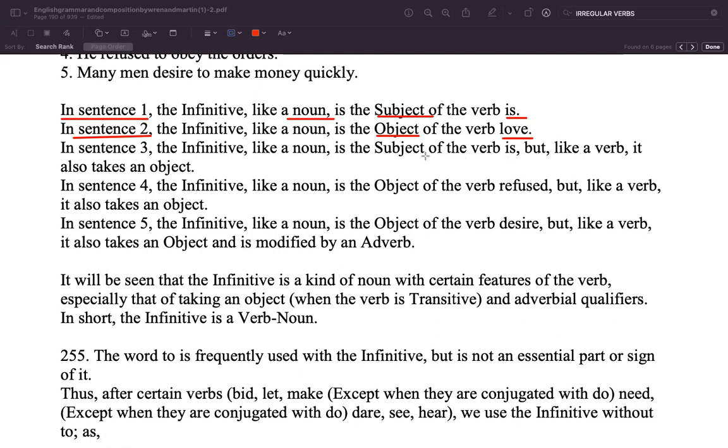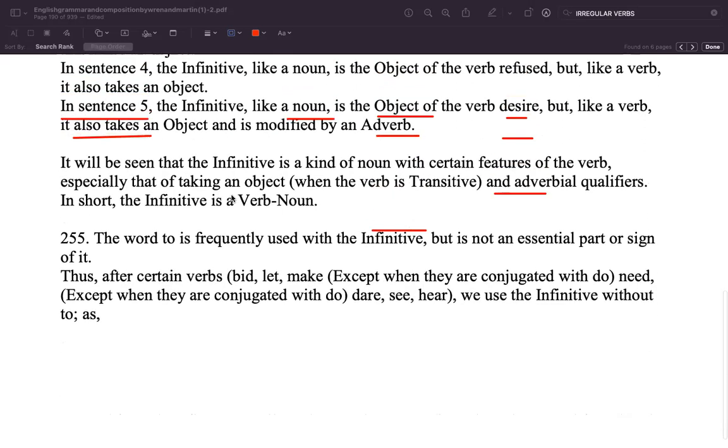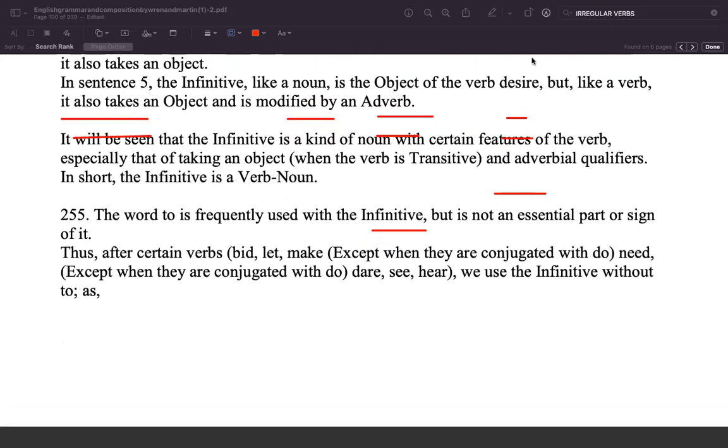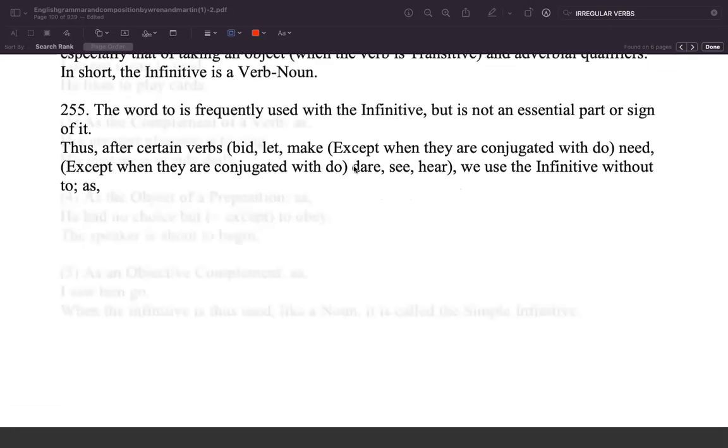So you can say that to make mistakes is... In sentence 4, the infinitive like a noun is the object of the verb refused. He refused to obey. "To obey" is the object of refused. In sentence 5, the infinitive like a noun is the object of the verb desire. "To make" is called the object of the verb desire. So that is why we clearly draw the idea: infinitives, if used in the subject or objective case, are used as a noun of the sentence. Right.